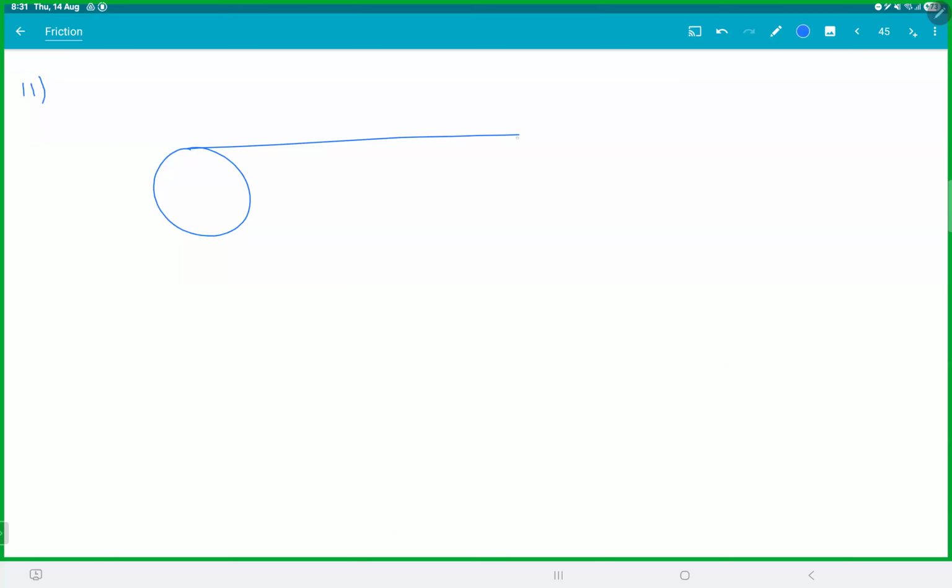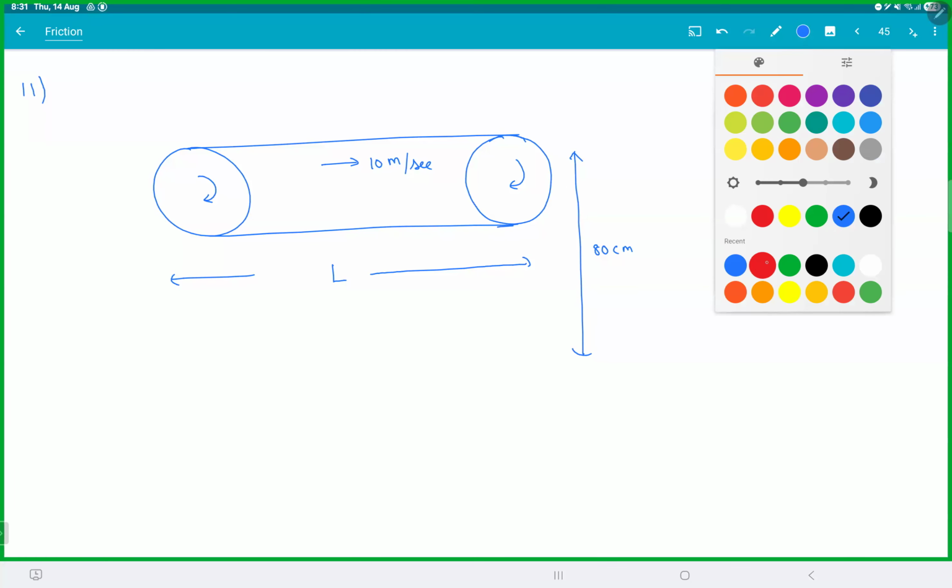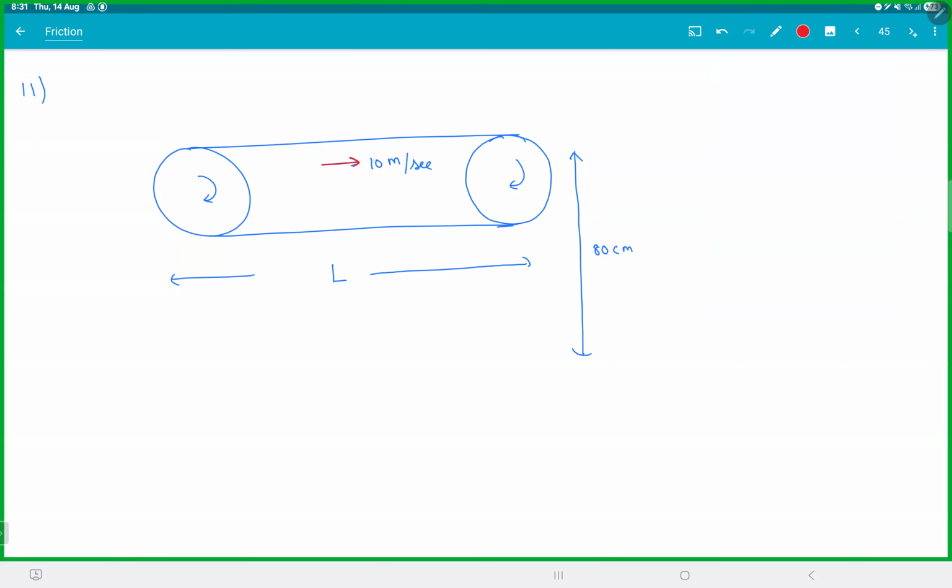We have a conveyor belt here, which is moving with a constant speed of 10 meters per second. L is the length of the conveyor belt, and the height of this thing is 80 centimeters. The belt is continuously moving with a speed of 10 meters per second. Coefficient of friction is 0.2.